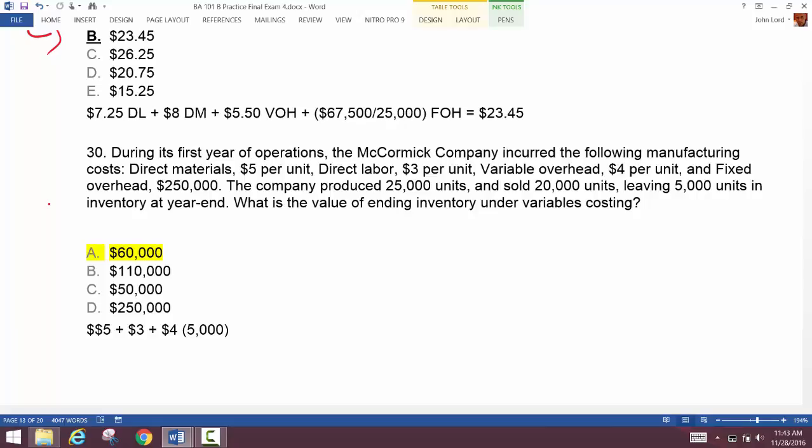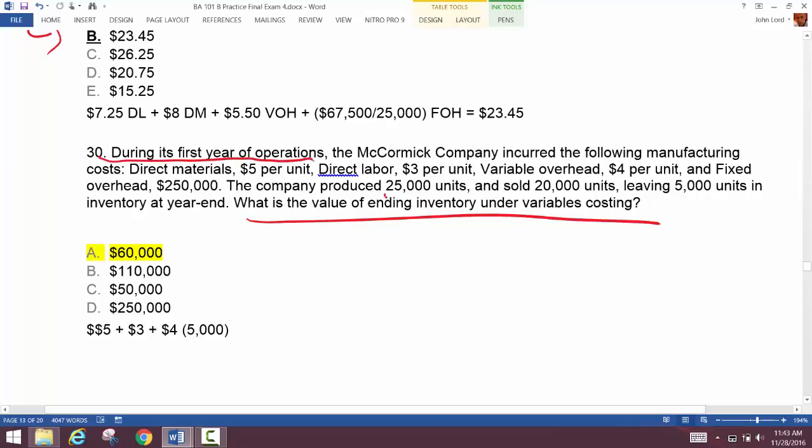Let's take a look at number 30. During its first year of operations, the McCormick Company incurred the following manufacturing costs: direct materials, etc. And they want the value of the ending inventory using variables. Now it's their first year of operation, isn't it?